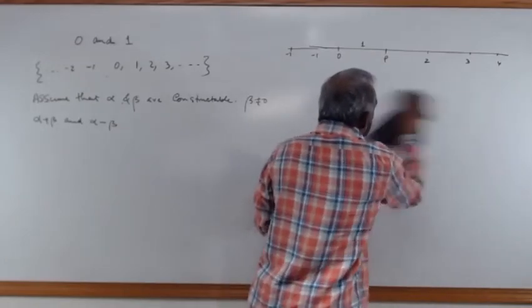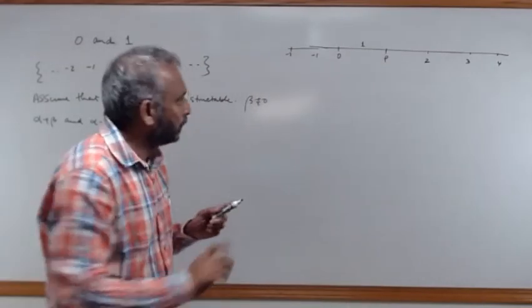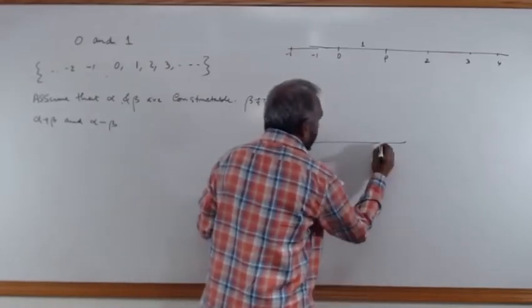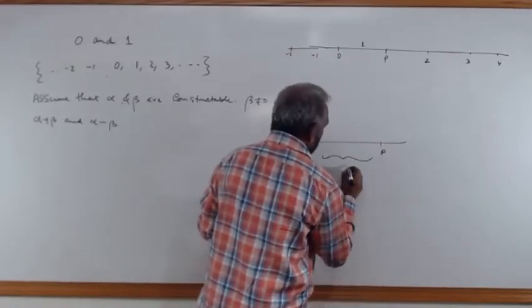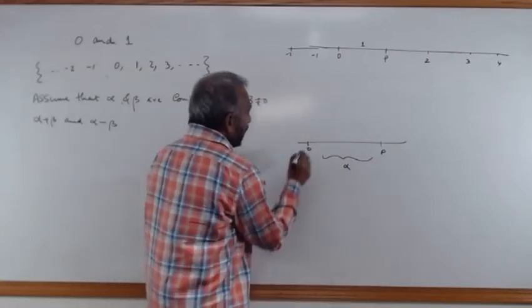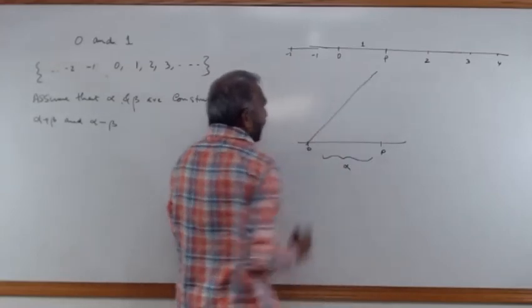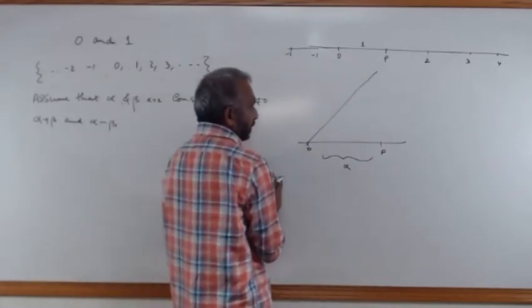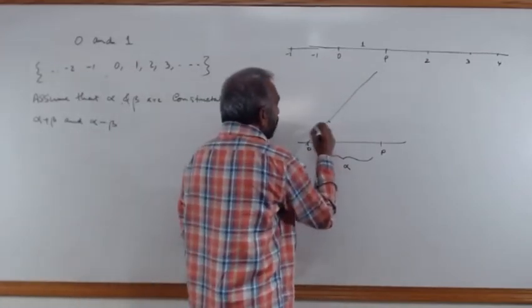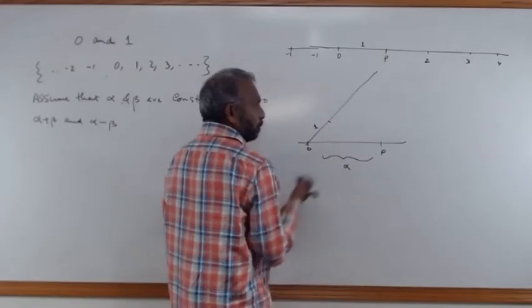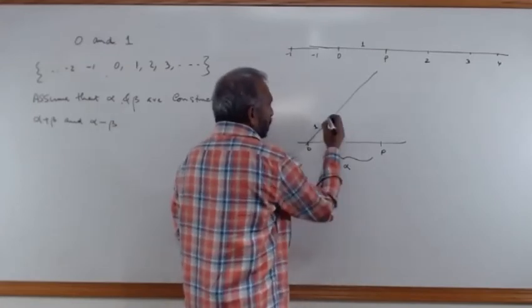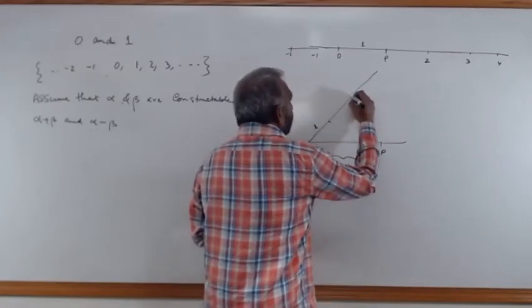Now, alpha is constructible, so OP is alpha. Draw an angle, any angle. You can draw any angle. Take an arbitrary point and draw a line like this. And mark 1 here. Possible, because 1 is given. And mark also the beta.